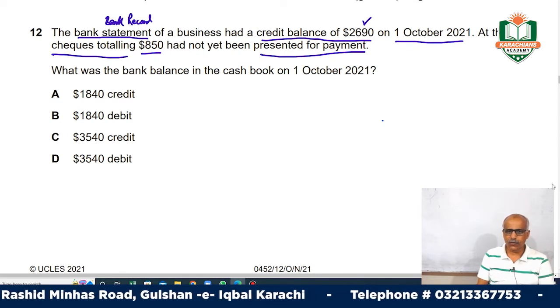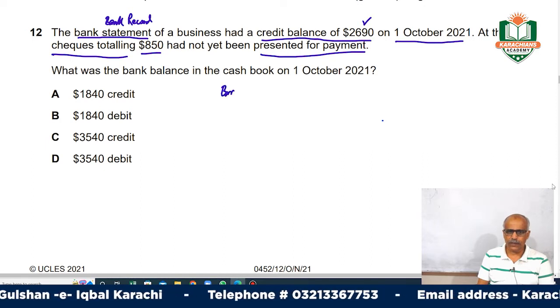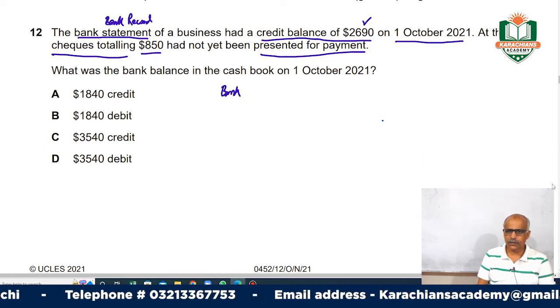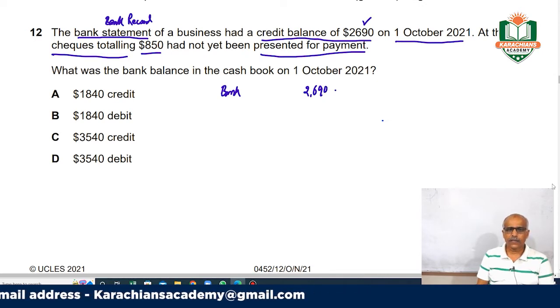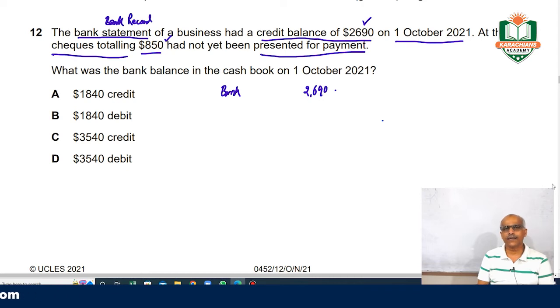So right now, what is the bank statement balance? It is 2690, and you have already issued these checks, so you have already deducted them.